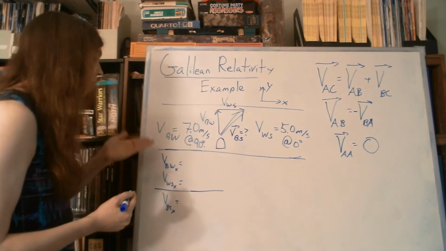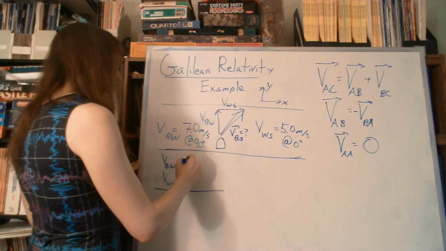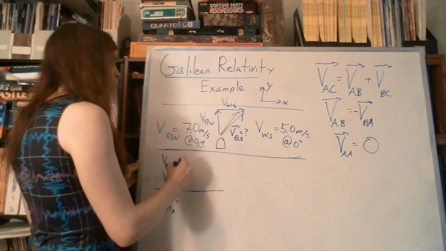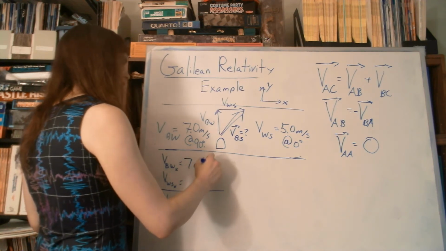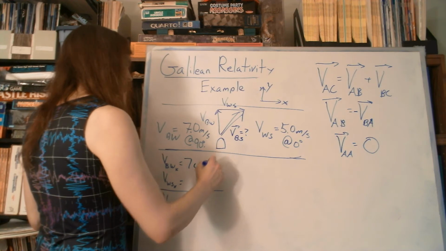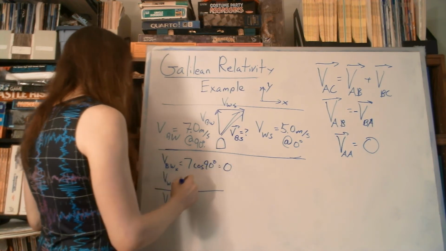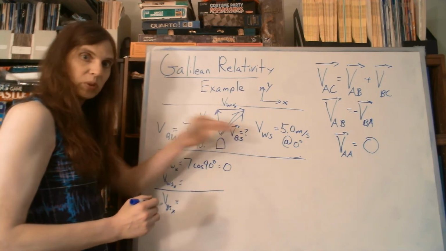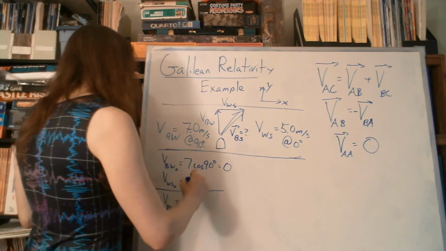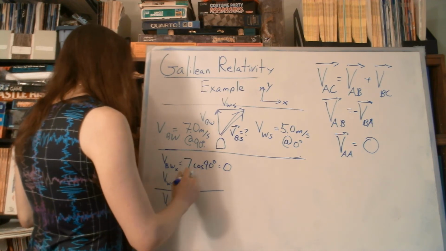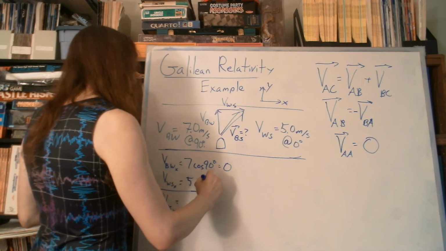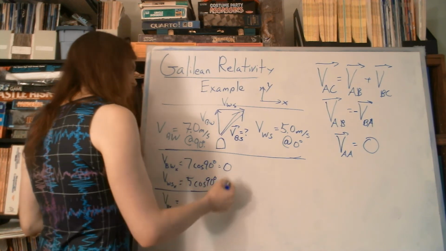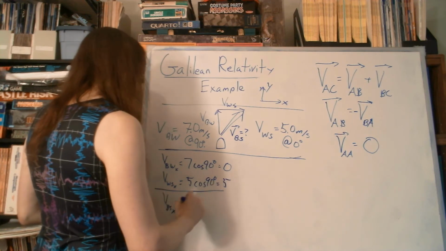And so that's v boat water, that's 7 cosine 90 degrees, which is 0 for its downriver component of motion. And then that's 5 cosine 0 degrees, which is 5.